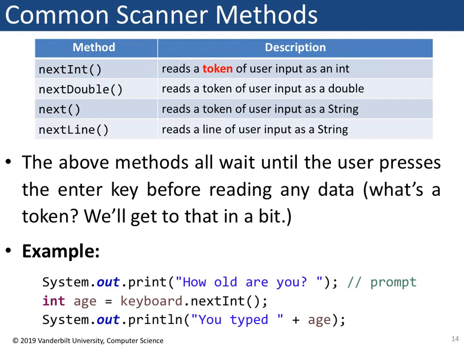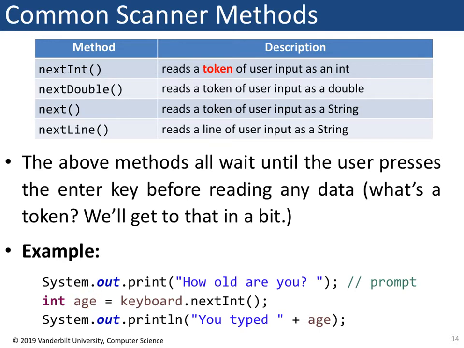So an example of this, System.out.print. This is not going to print a new line. This is going to leave the carriage return at the end of the printout. "How old are you?" Then the user is going to type something in, potentially, but before the user has ever typed something in, you've got to think, this program is executing very, very fast. So this is printed to the console, how old are you? And just as fast as that was printed out, Java creates a variable called age.